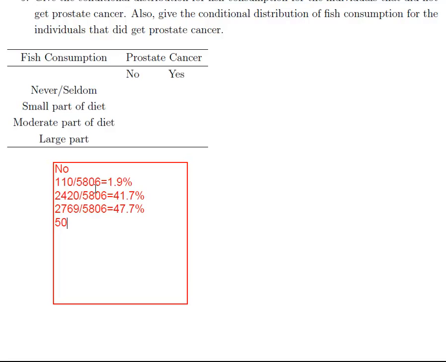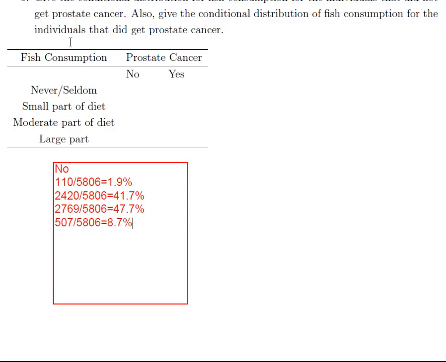And we have 507 divided by 5,806, that's going to be 8.7%. So that's the conditional distribution of fish consumption conditioned on the people that did not develop prostate cancer.